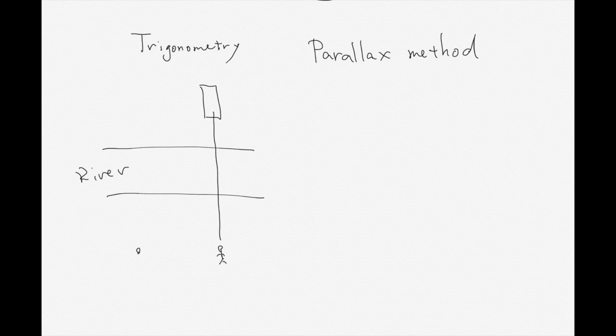But in this case, you can move in a horizontal direction. And then you can use a ruler or tape measure to measure the distance. In these positions, you can find the building in front of you. If you move to the left, then you can find the angle theta.